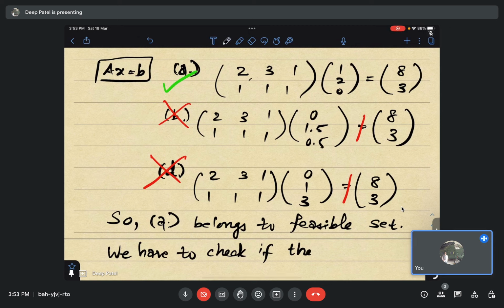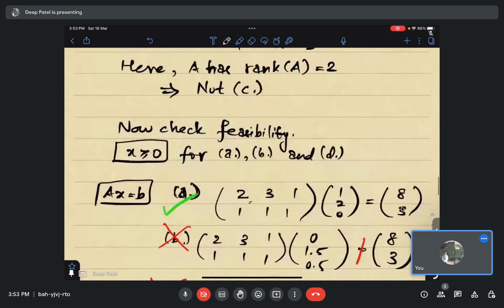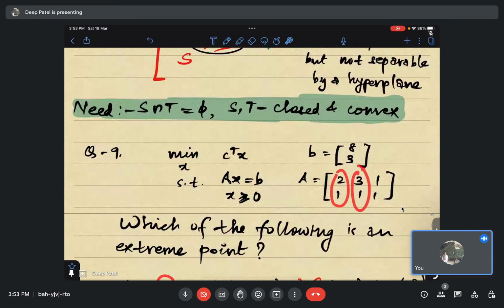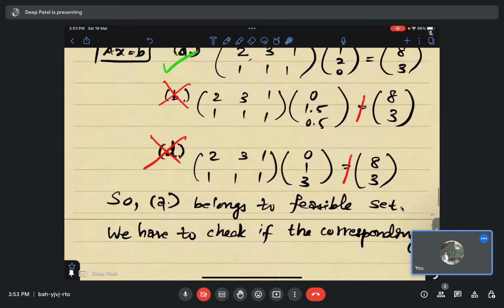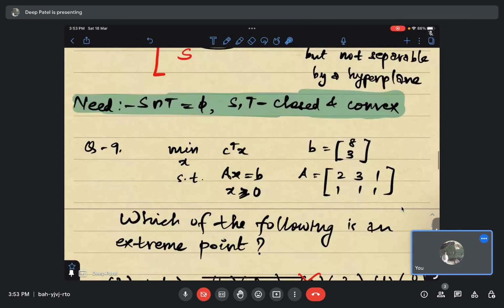So the columns corresponding to the non-zero entries of x, that's what I meant. Here this is our candidate, right? So we want to see whether this and this column are linearly independent. They are linearly independent, right?